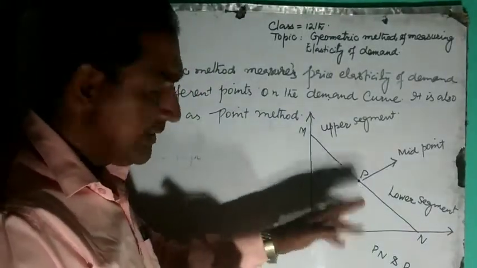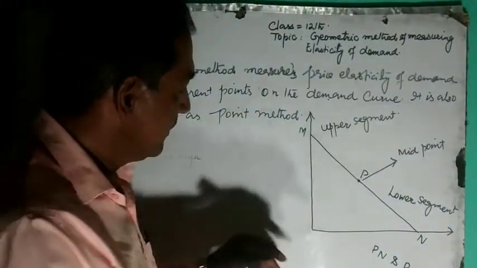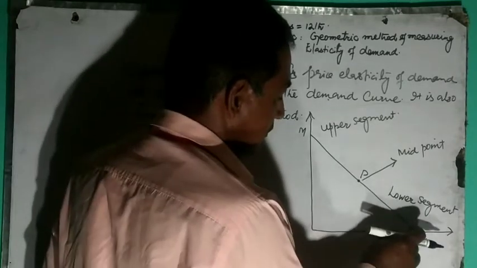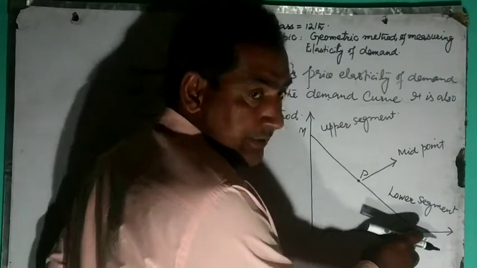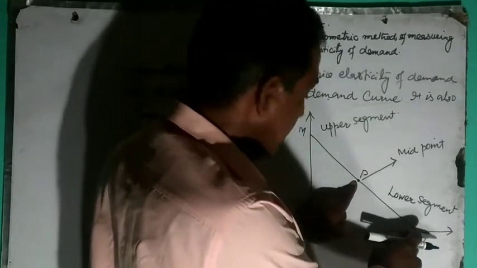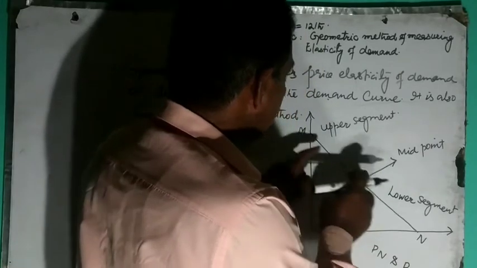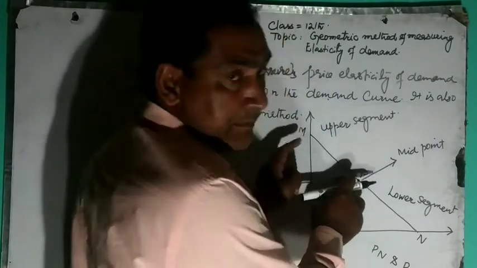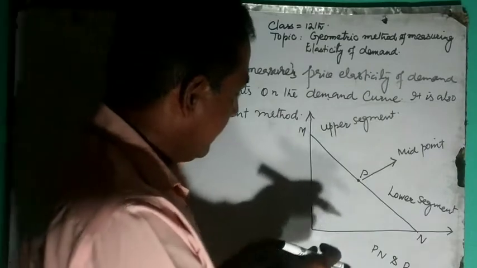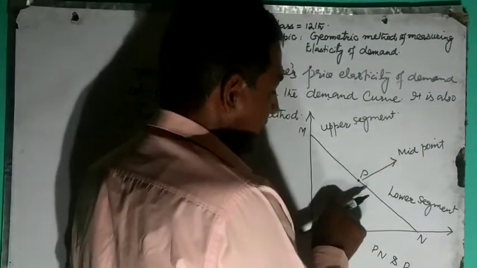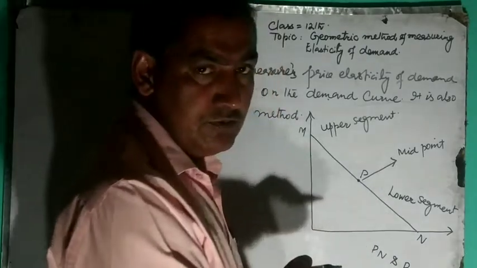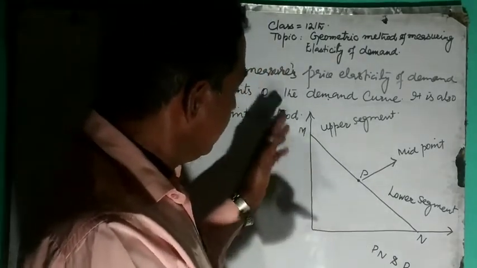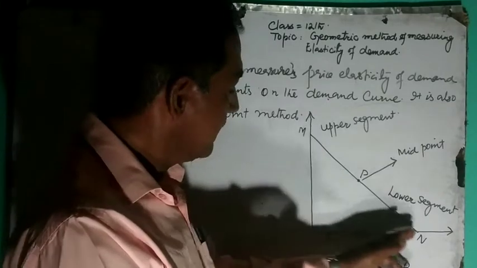When we measure elasticity of demand through this method, we divide the lower segment from point P by the upper segment, that is Pm. I will repeat. When we measure elasticity of demand on a demand curve, we first of all draw a demand curve.